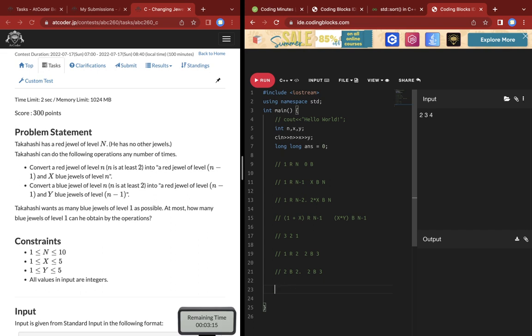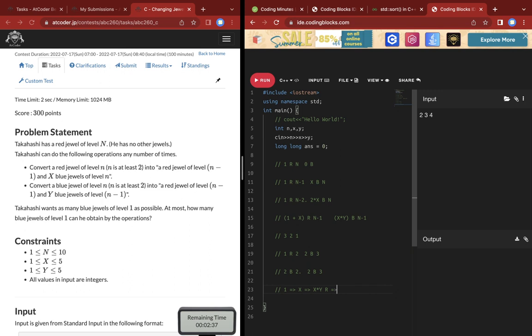Okay, let's just convert every red jewel into blue, but then blue would actually create red jewels and then again blue. So basically, one red jewel converts to X blue, and then X blues convert into X into Y red, right?